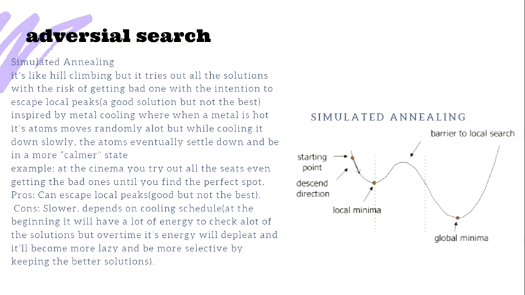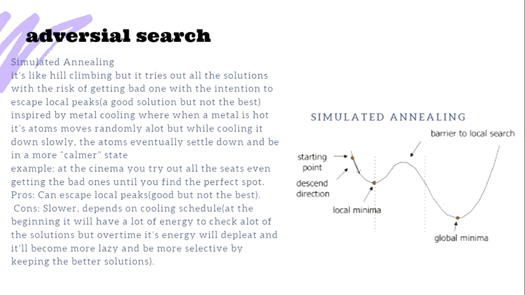Simulated annealing. It's like hill climbing, but it tries out all the solutions, risking getting bad ones, with the intention to escape local peaks. Inspired by metal cooling, where when a metal is hot, its atoms move randomly a lot, but while cooling, it slows down, and the atoms eventually settle down into a calmer state.